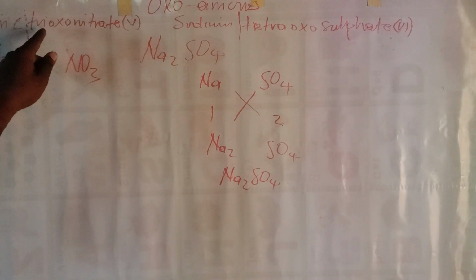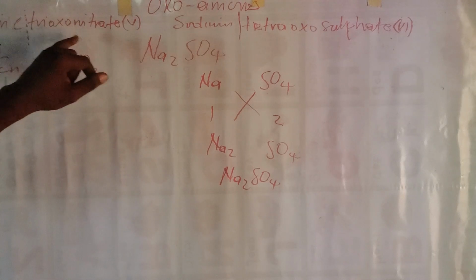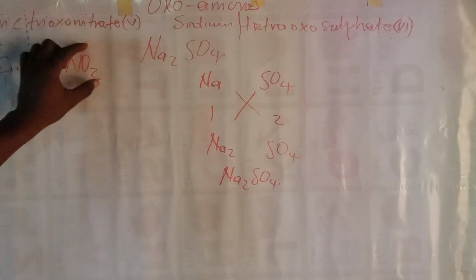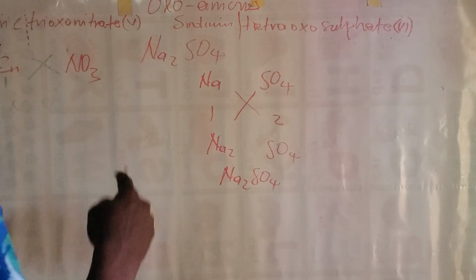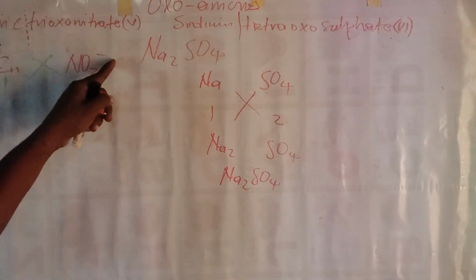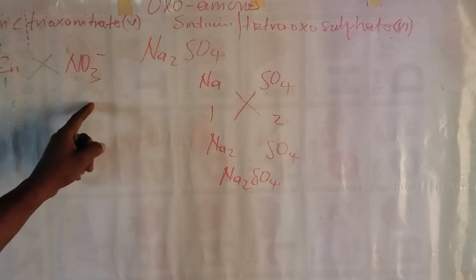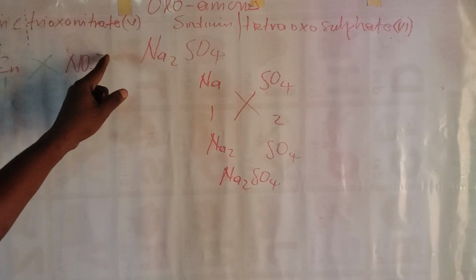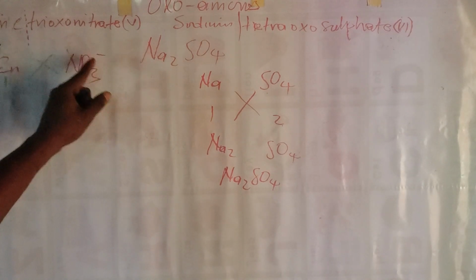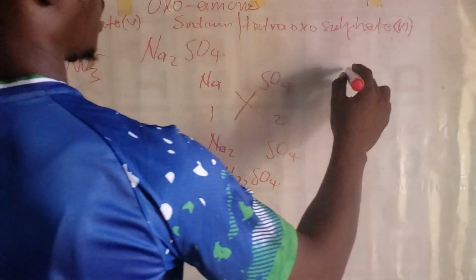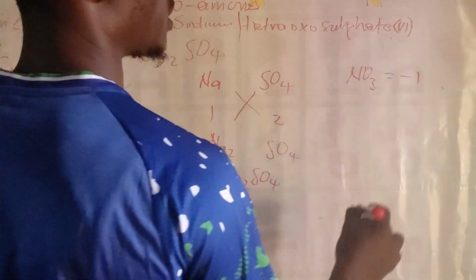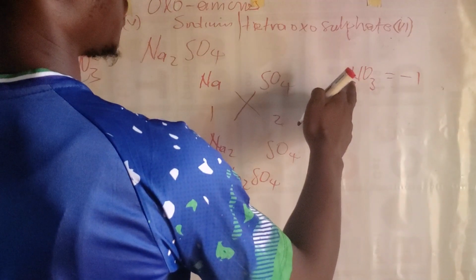That's why this one is being called trioxonitrate 5, and the charge on this is minus the charge of this. That's why this charge is the valency for this radical. If you are determining the oxidation number for nitrogen, you have to equate NO3 to -1.